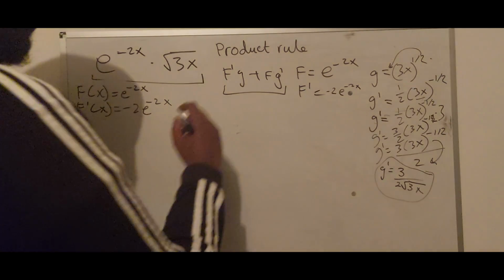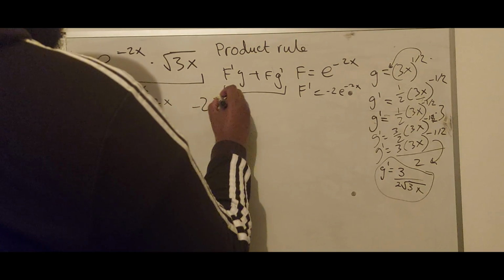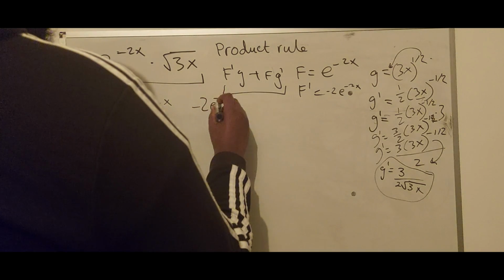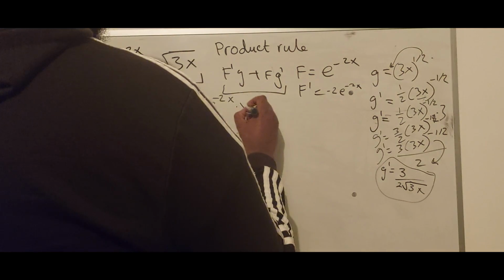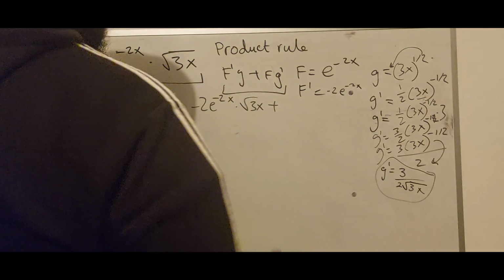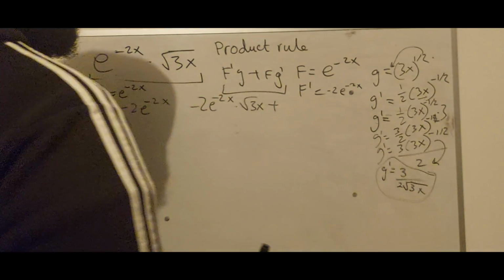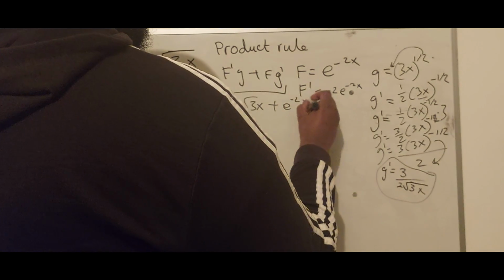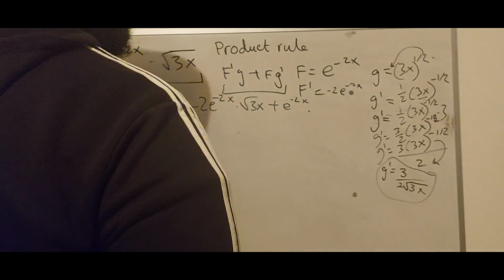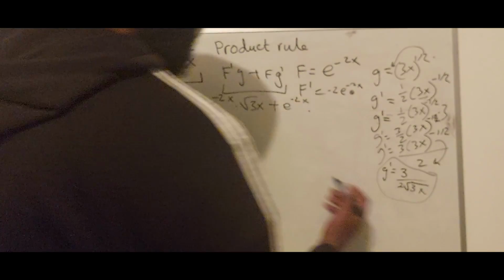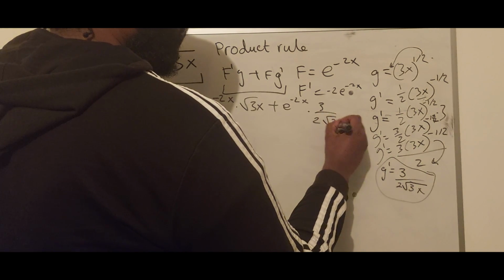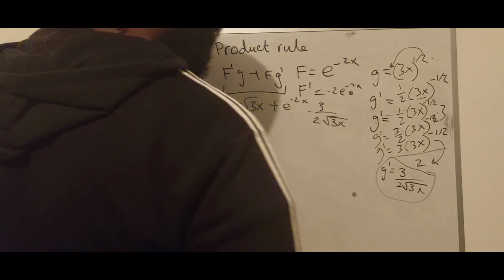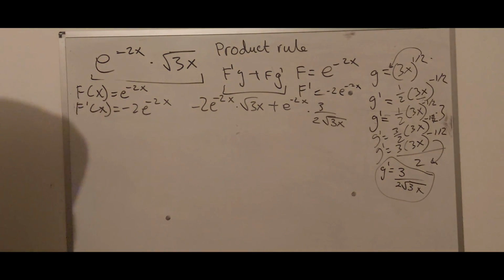Well, now you're pretty much ready to put it into the equation. So f prime would be minus 2e to the power minus 2x times g, which is the square root of 3x, plus f, which is e to the power minus 2x, multiplied by g prime. g prime is just this value here: 3 divided by 2 times square root of 3x.